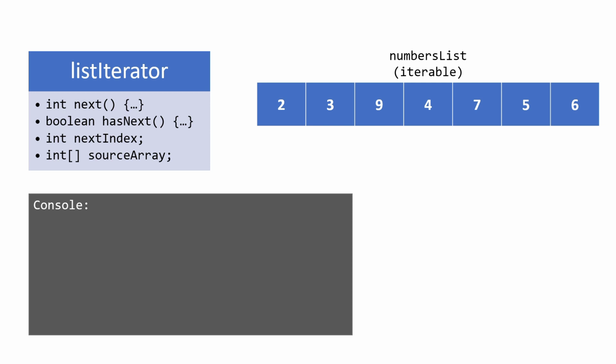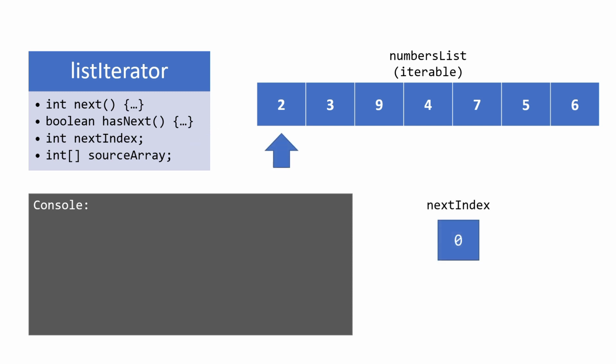Okay, so here we have a couple of things. We have a list of numbers, which acts as our iterable, a console showing us our program output, and then the iterator itself. Here it's called listIterator, and it has a couple of methods inside of it, and it has that reference to the array. This points towards the numbers list. It does not contain it, just points towards it.